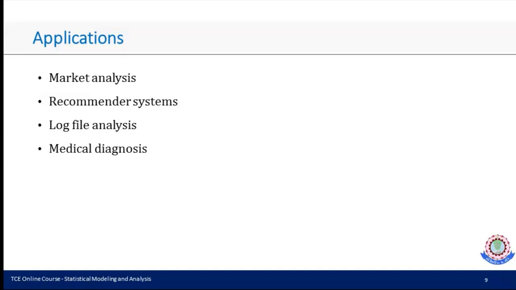Medical diagnosis and bioinformatics. In the field of medical diagnosis and bioinformatics, the mechanism of identifying the patterns that exist among patients with respect to communicable or non-communicable diseases is used in most disease pattern analysis.